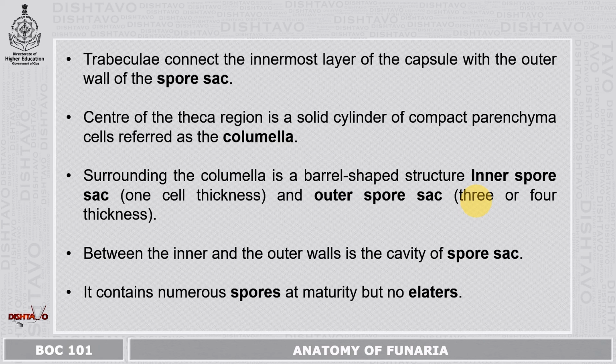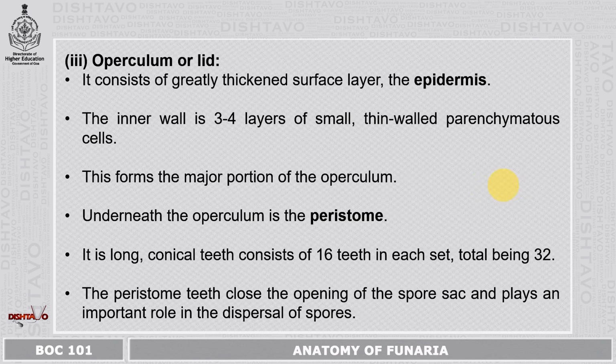Surrounding the columella is a barrel-shaped structure which consists of an inner spore sac, which is of 1 cell thickness, and an outer spore sac which is 3 or 4 layers thick. Between the inner and the outer walls is the cavity of the spore sac. This spore sac contains numerous spores at maturity, but there are no elaters present.